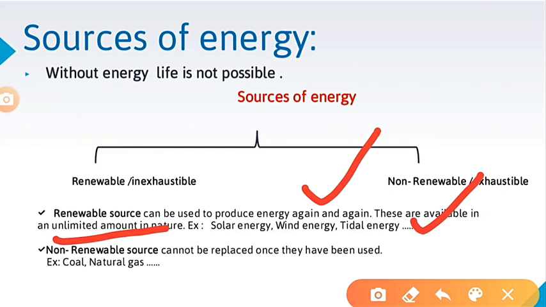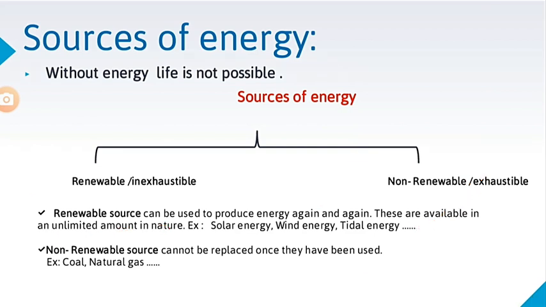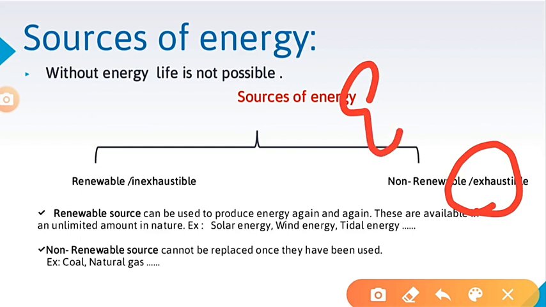And coming to the non-renewable source of energy, or exhaustible: which has an end is called an exhaustible source of energy, or non-renewable. The non-renewable source cannot be replaced once it has been used.